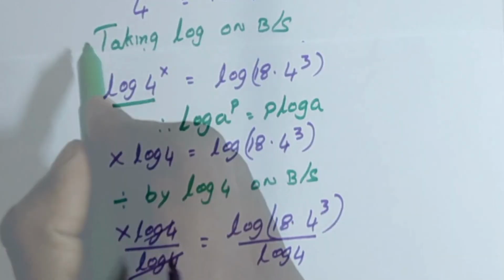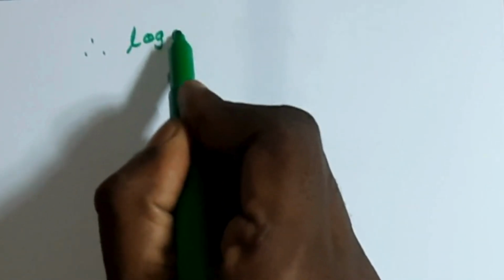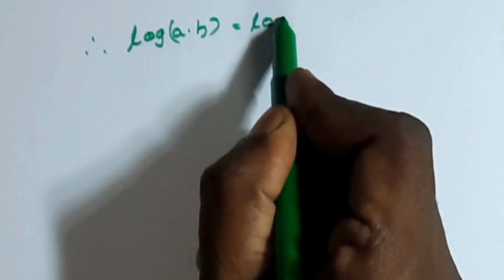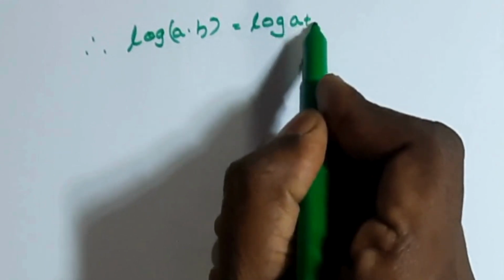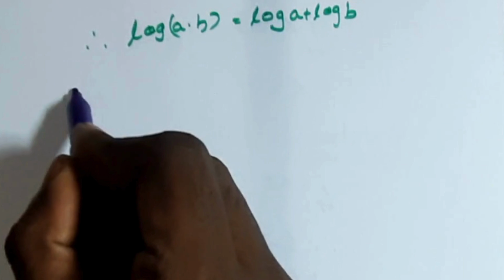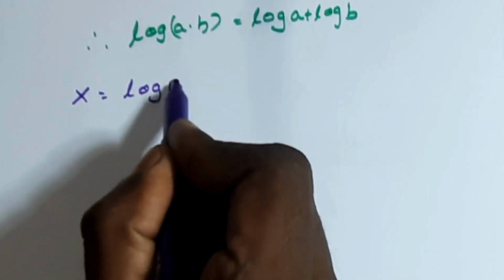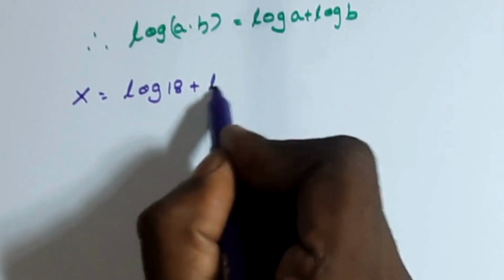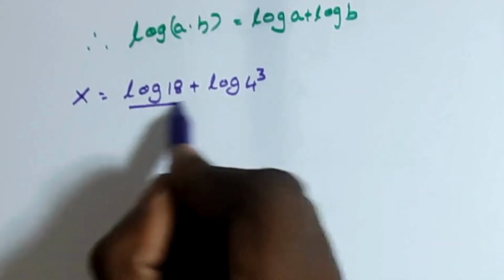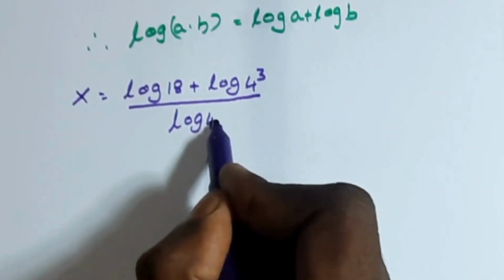This cancels this. Therefore, we know the log formula that log a into b equal to log a plus log b. We are going to implement this. X equal to log 18 plus log 4 power 3 by log 4.